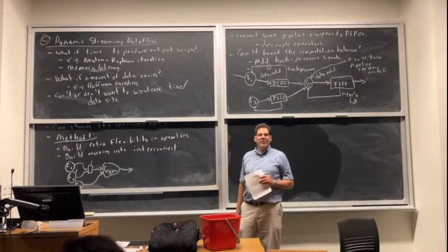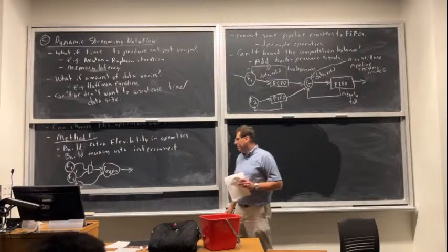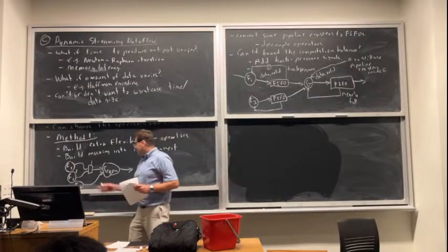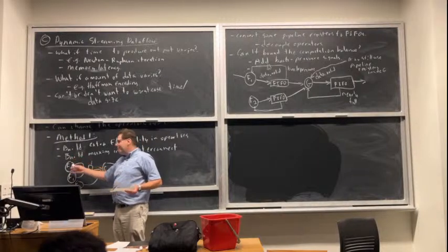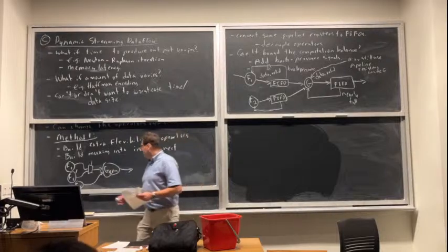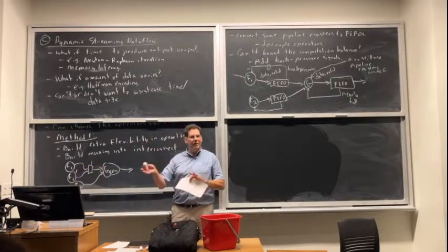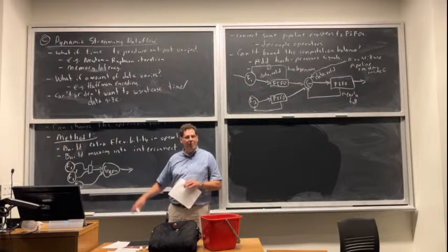How much more hardware is that going to take? Is that going to be a little bit? Is it going to be a lot? What do you think? It depends on what's in each of these. Let's say they're both about the same complexity, F1 and F1 prime. Let's say this is a divide unit and this is a square root unit. Those are both reasonable amounts of hardware, it's not that small.